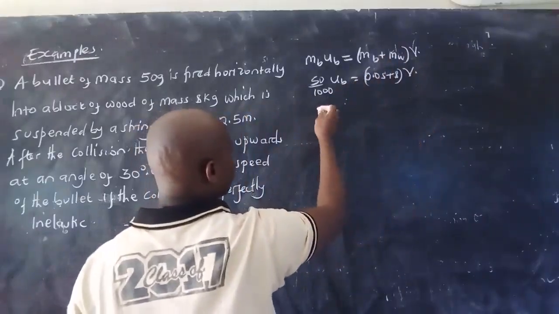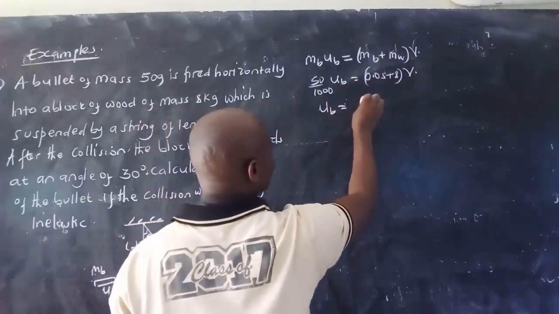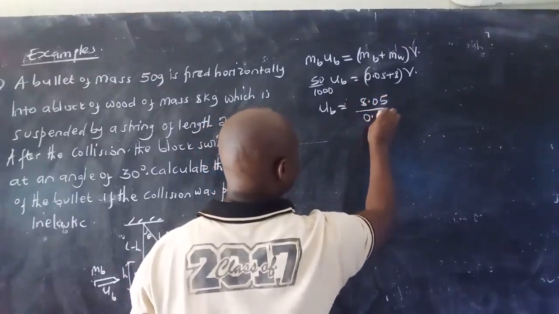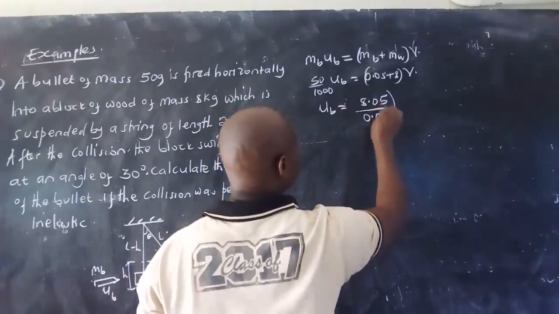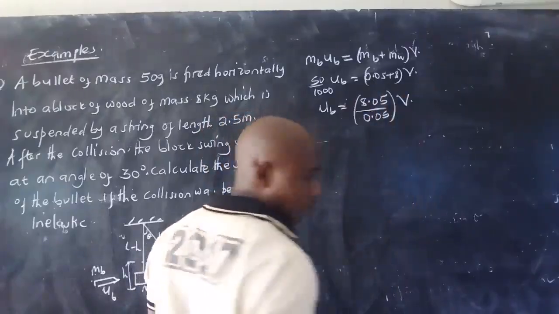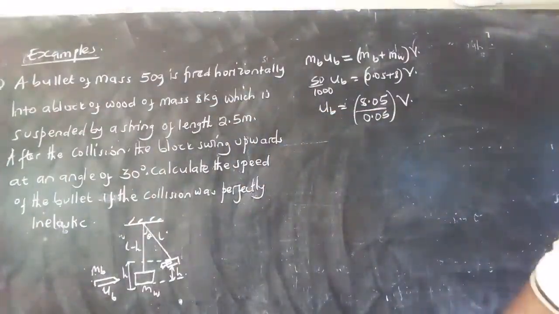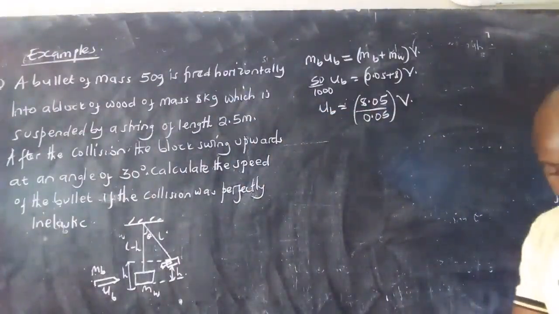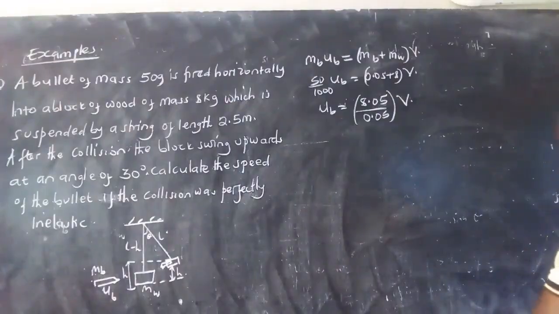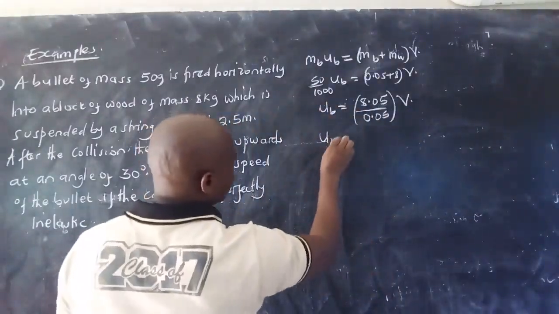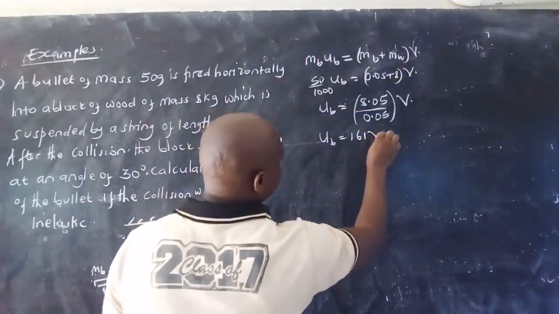So speed of the bullet will become 8.05 divided by 0.05 times the common velocity. So what do you get there? With the calculator, 8.05 divided by 0.05, our answer is 161. So it gives us 161.